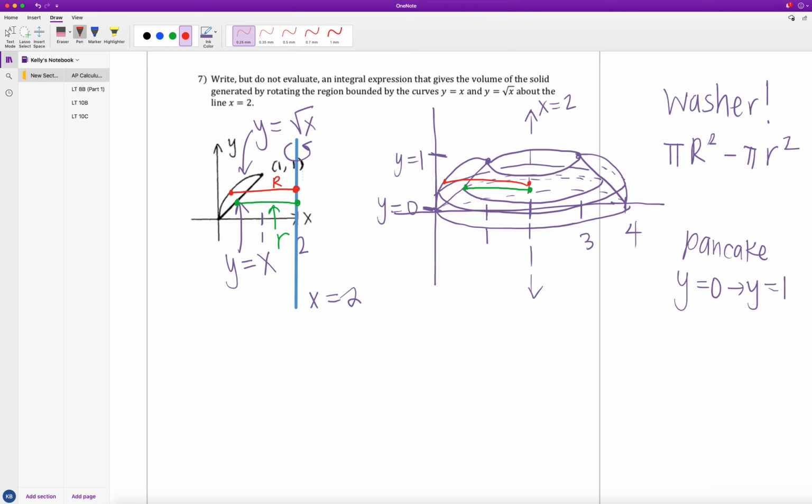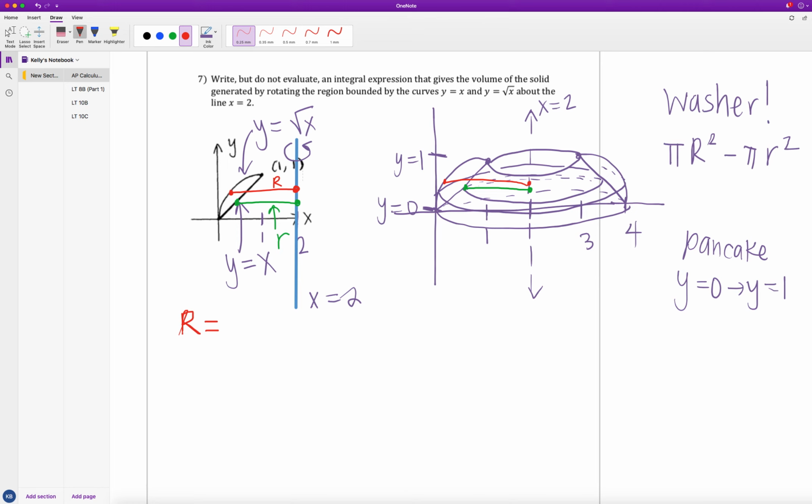Let's check those. So if I start with my big radius here, my big capital R, I am in terms of y because my bounds were in terms of y, which means I'm thinking about this as right curve minus left curve.